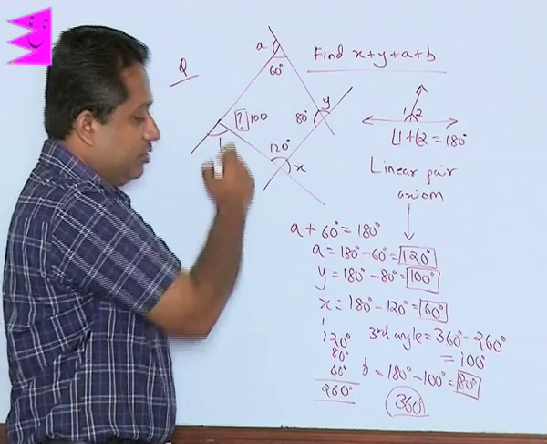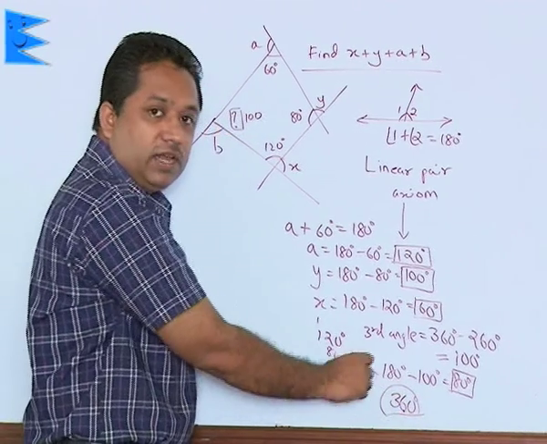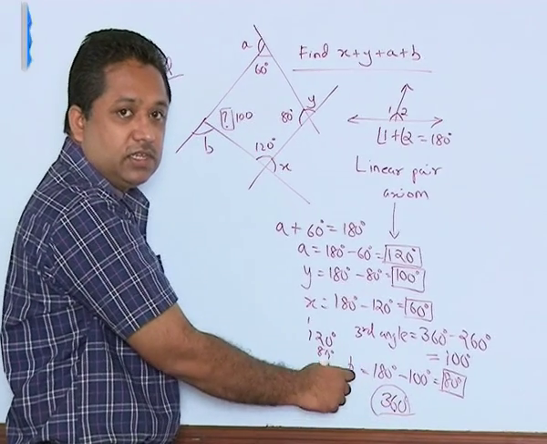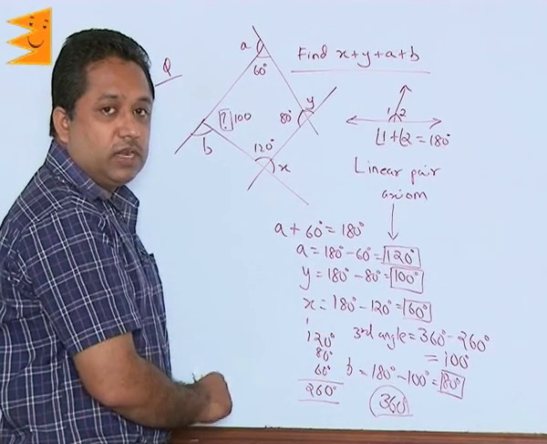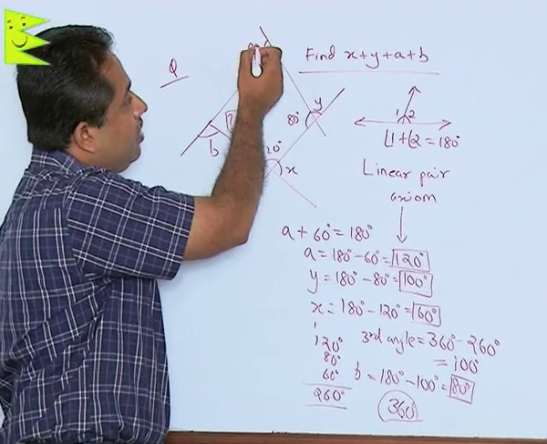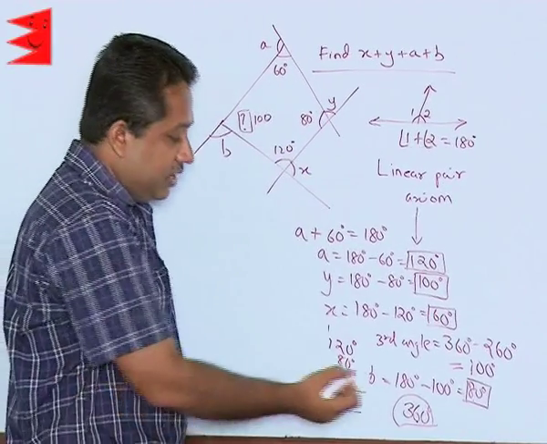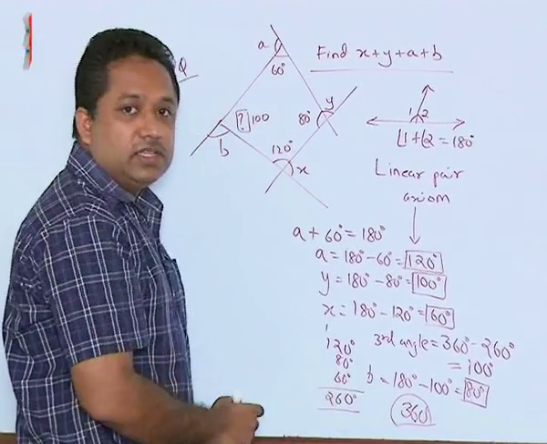The exterior angles will always give you a total of 360 degrees. So, if you get any other answer besides 360, you will have to check your calculation, because this is a very important property: if the exterior angles of a polygon are added, the result will always be 360 degrees.